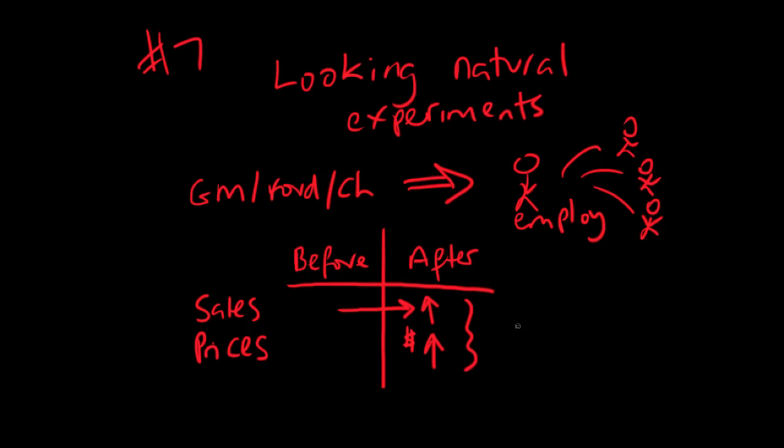And the reason behind that was the employee discount was actually less than the promotional discounts that the car companies were running prior to the introduction of the employee discount.